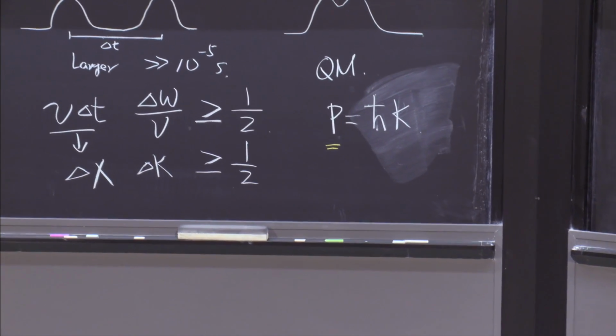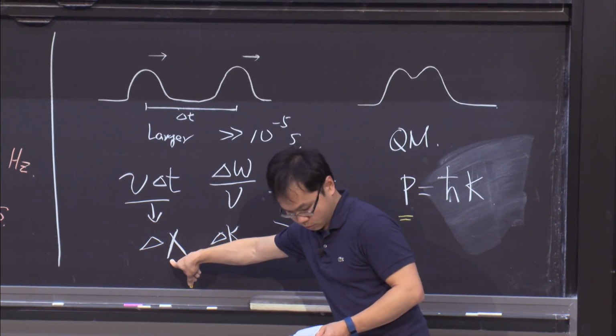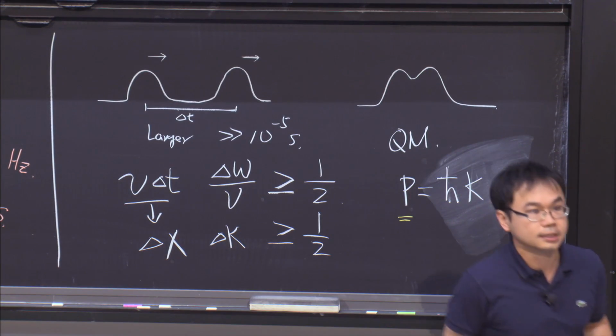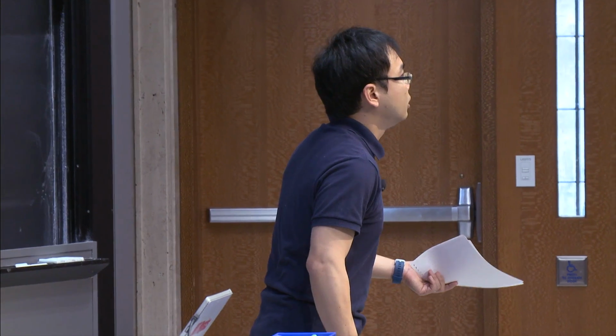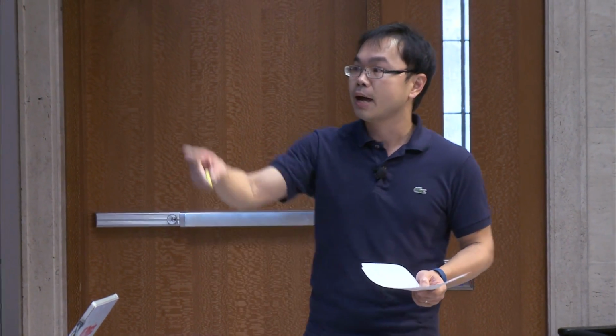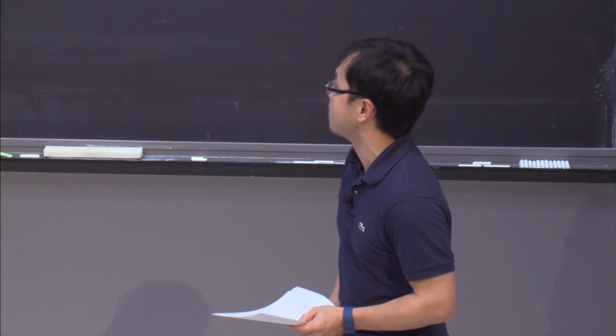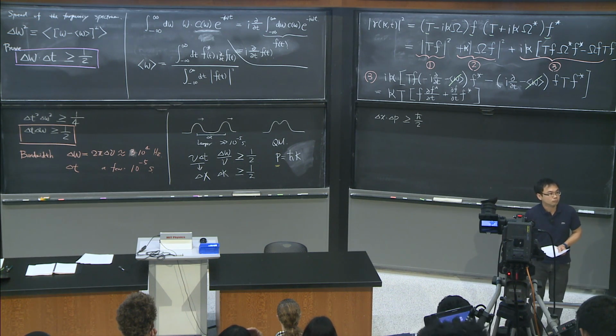Okay? So this means that if I measure one particle really, really precisely in position, due to the nature of the wave function, I will not have a lot of information about the momentum of that particle.